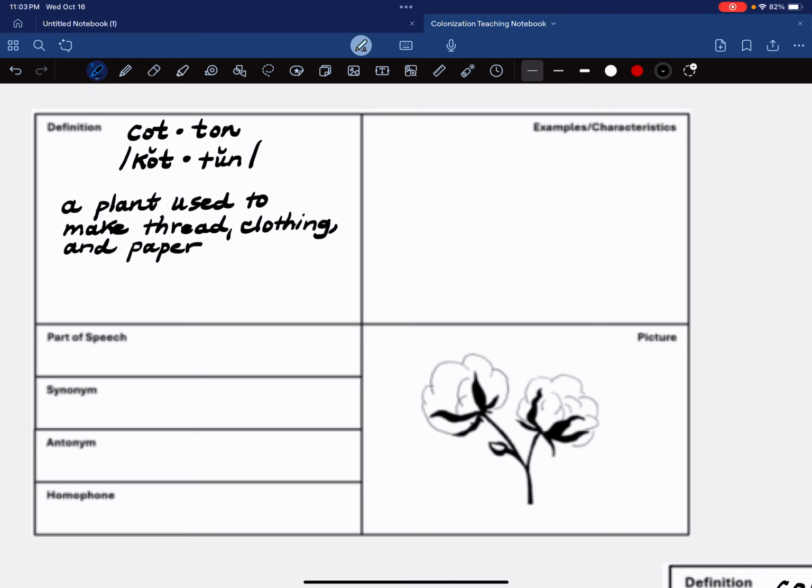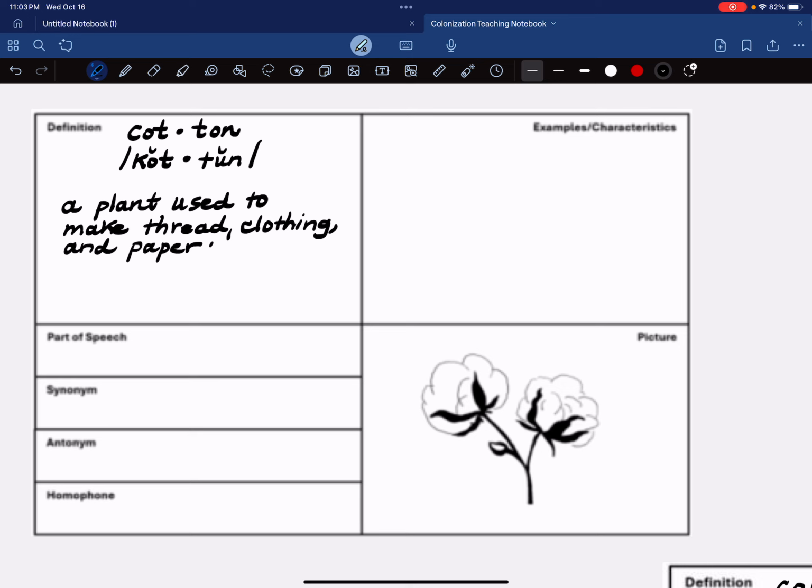And cotton can be used for other things as well, but for the purposes of our unit, our social studies unit, we are just looking at these things: thread, clothing, and paper.